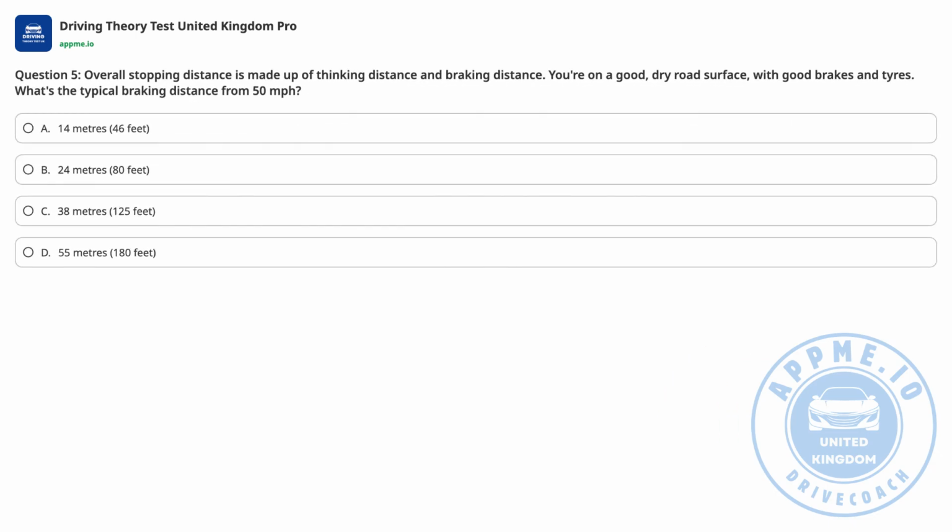Question 5. Overall stopping distance is made up of thinking distance and braking distance. You're on a good, dry road surface with good brakes and tires. What's the typical braking distance from 50 miles per hour? A. 14 meters, 46 feet.